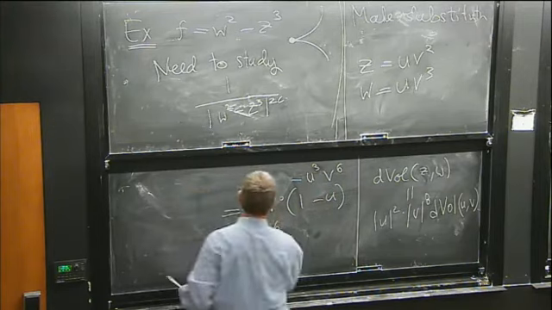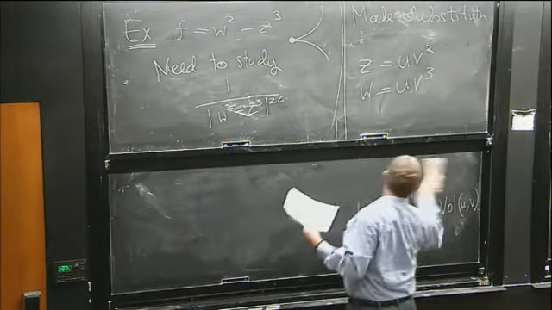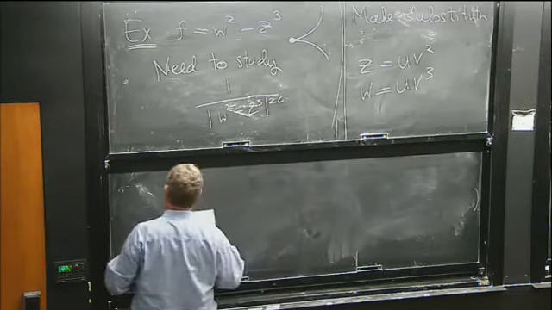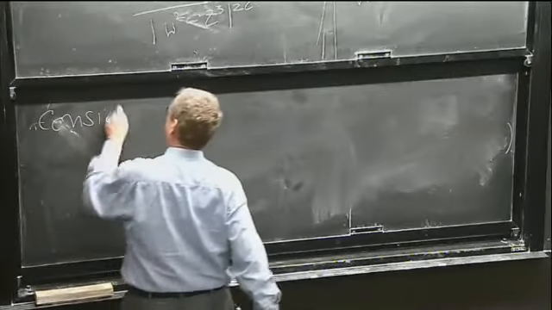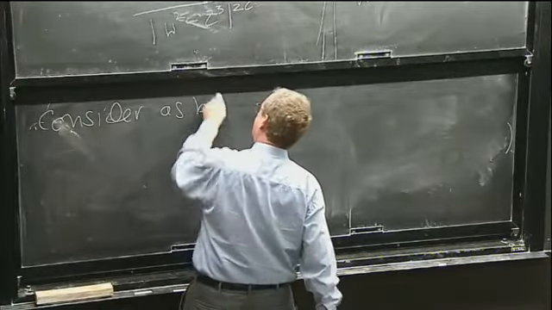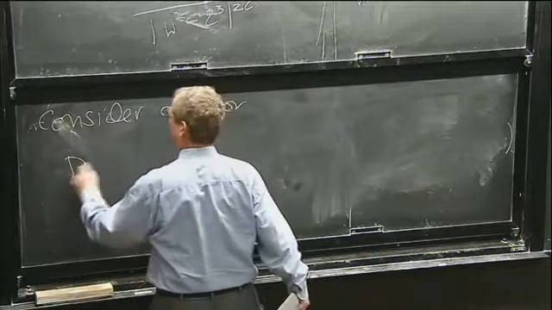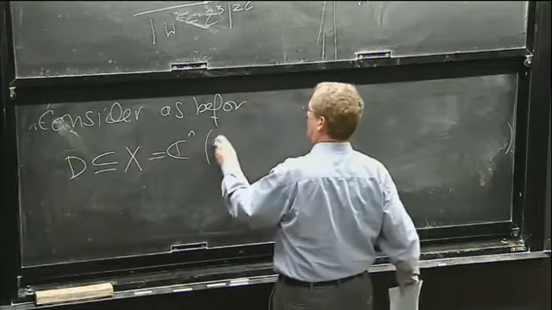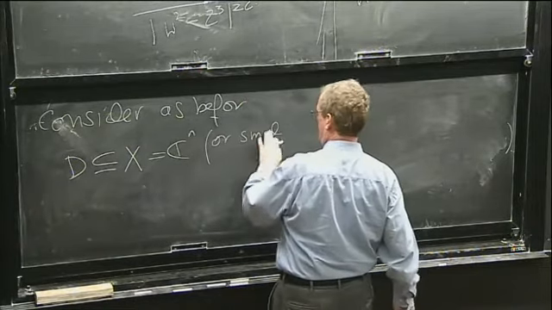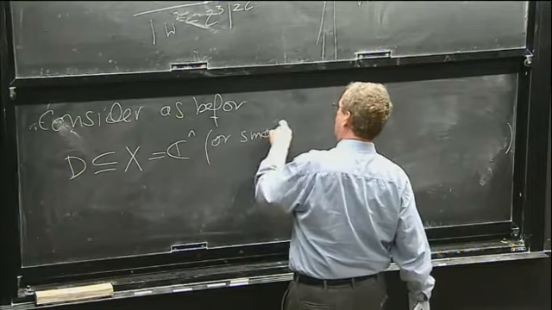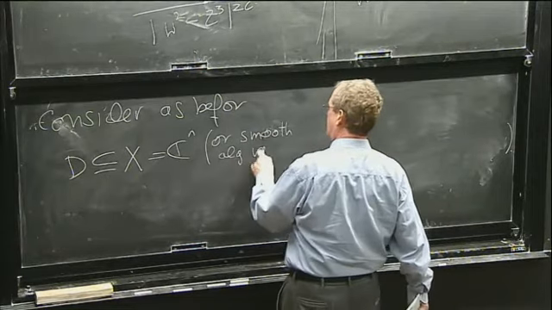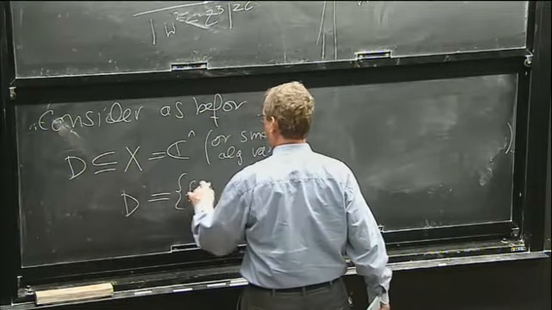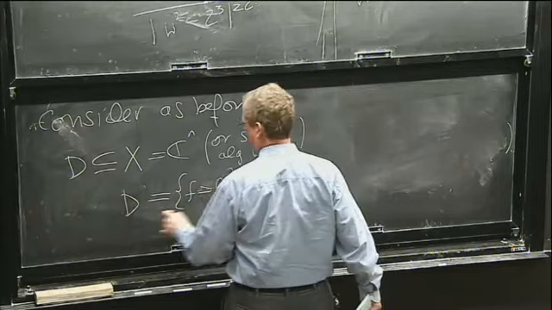So let me state Hironaka's theorem, locally. Let's consider, as before, D in X. X will be Cn, or I can make it any smooth manifold, or, let's say, any smooth algebraic variety. And we'll say that D is locally or globally defined by f equals 0. So f is a polynomial, or maybe locally a holomorphic function.